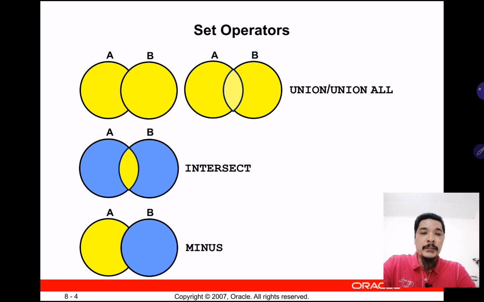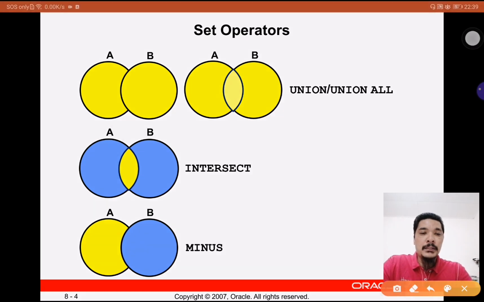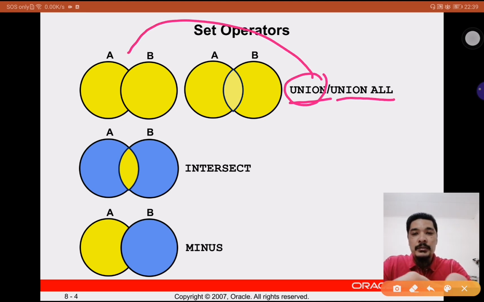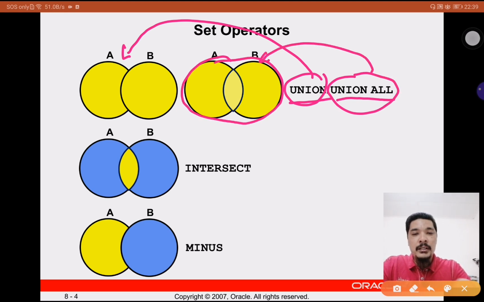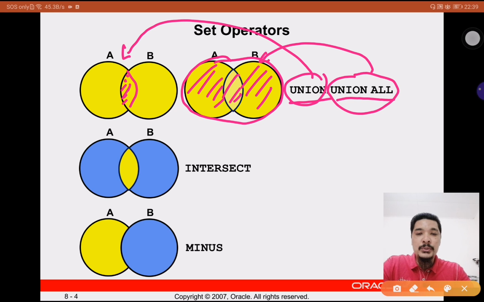Okay, so this is set operators. We have 3 here. Number 1 is UNION and UNION ALL. UNION is this one, and UNION ALL is this one, meaning it combines everything, all, in the yellow color. If it is UNION only, we have something like this, so something is missing here. Number 2 is INTERSECT, meaning this one, the yellow one.